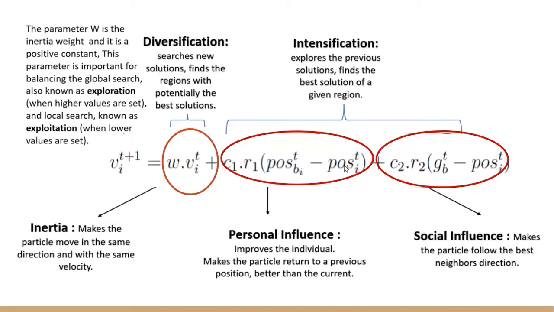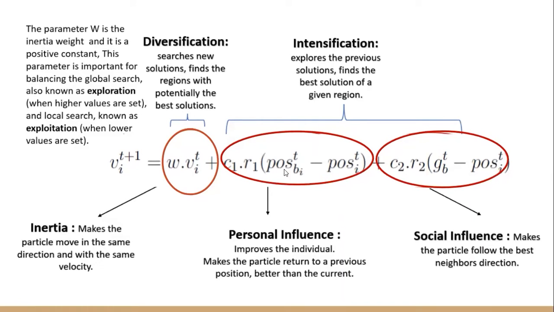The next two parts are used for exploring the previous solutions and finding the best solution for a given region. So the personal influence is used to improve the individual particle's position. So for example, the particle has moved to a new position, but the previous position was the best position, or basically it was better than the current position.